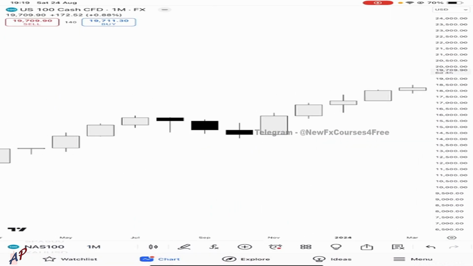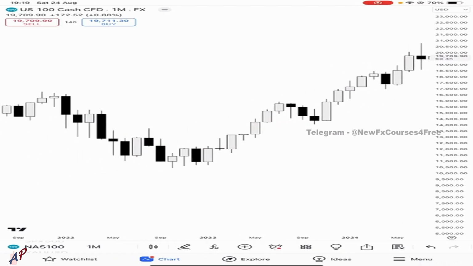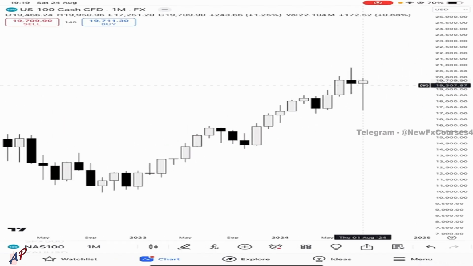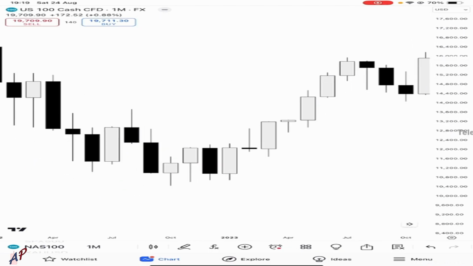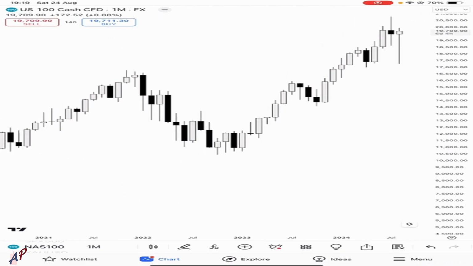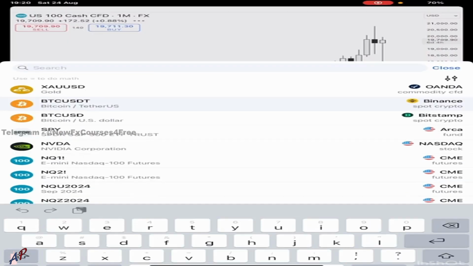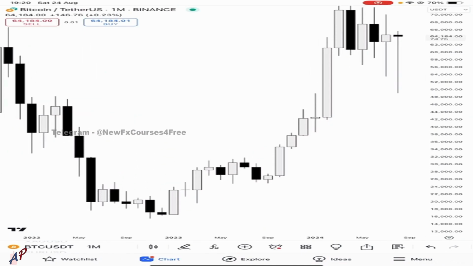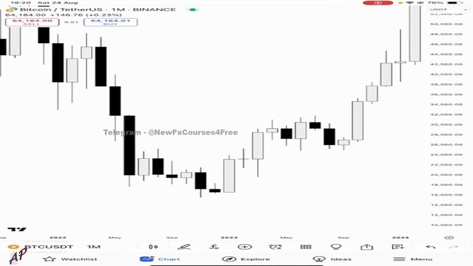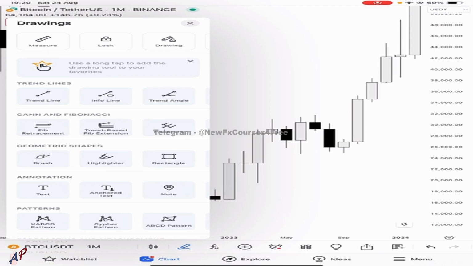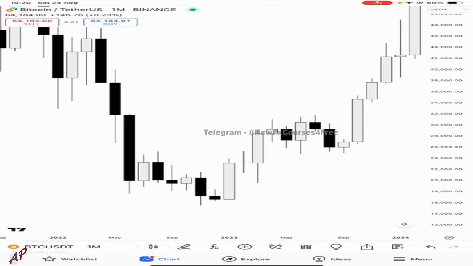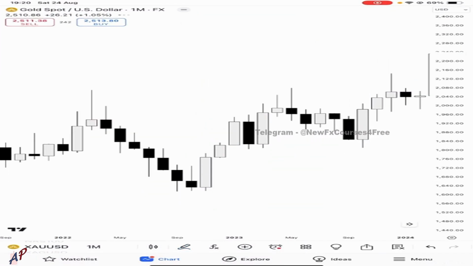So the monthly is, and I can, if I remember correctly, this month, by the way, is another example of week 1 is low of the month. But if I remember correctly, there is one example on Bitcoin this month.